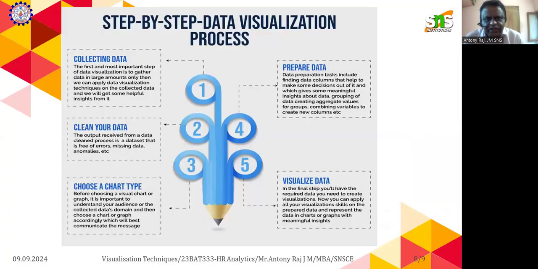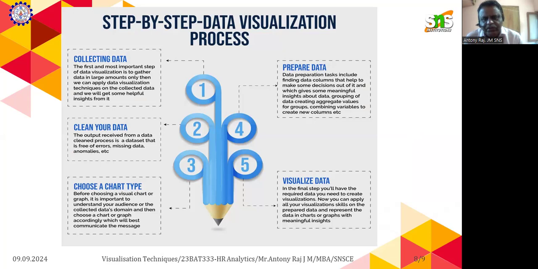And this is the step-by-step data visualization process. Once you collect the data, then you have to clean your data. This is a very, very important point. Cleaning data involves a lot of steps like data imputation, data transformation, and data validation. Then you choose a chart type, seeing which type of chart is going to be beneficial, and then you prepare the data.